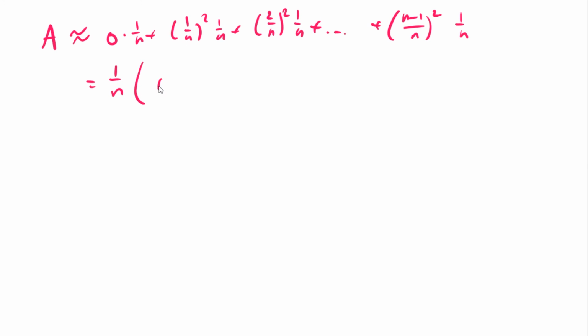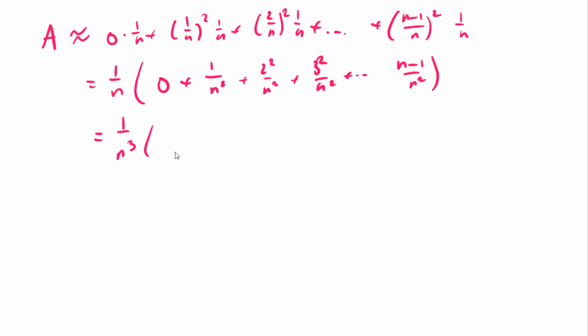And then what you're left with is 0 plus 1 over n squared plus 2 squared over n squared plus 3 squared over n squared up to n minus 1 over n squared. And each one of those has a 1 over n squared inside of it, so you could turn this into 1 over n to the third times 0 plus 1 squared plus 2 squared plus 3 squared up to n minus 1 squared.